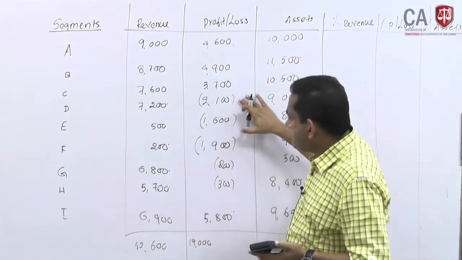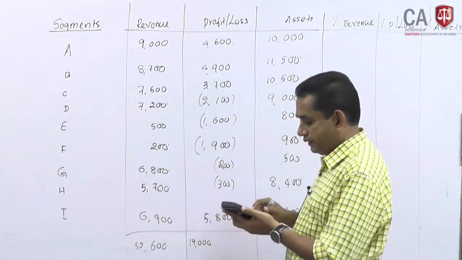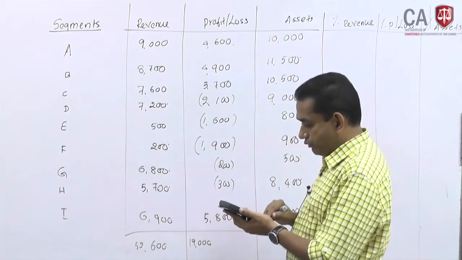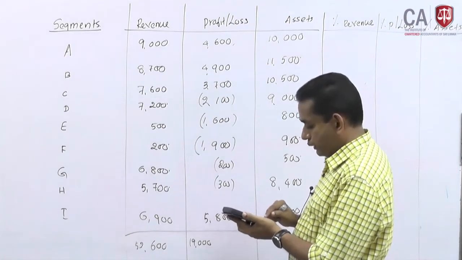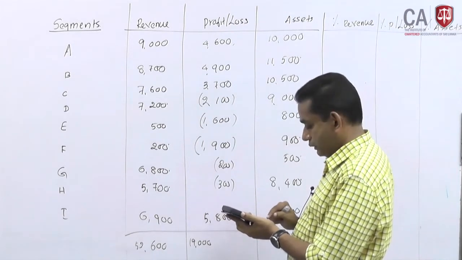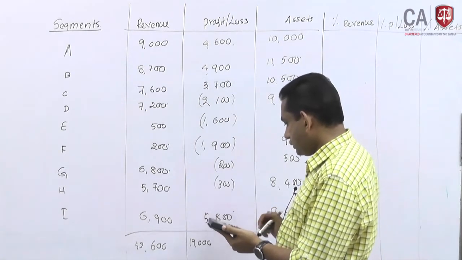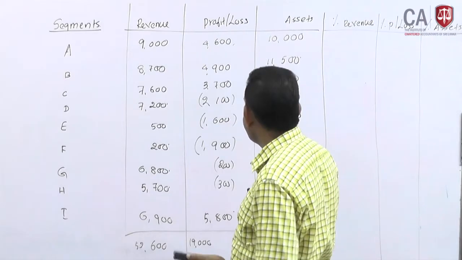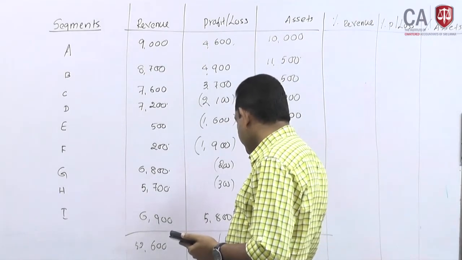That is D, E, F, G, H, and we will put the total here. 2,100 plus 1,600 plus 1,900 plus 200 plus 300. The other total is 6,100. Let me do a small quick double check.